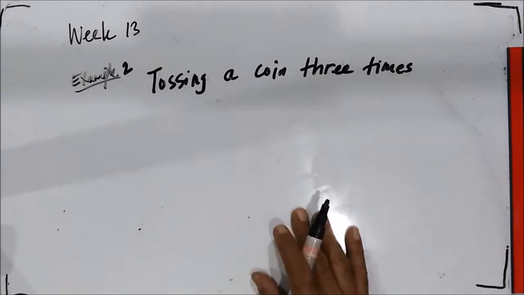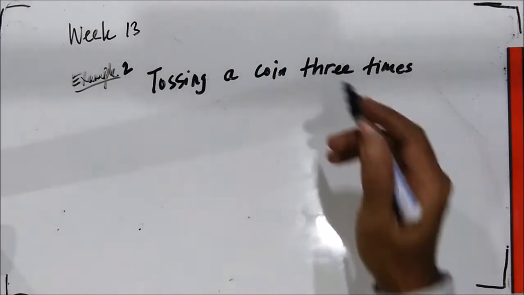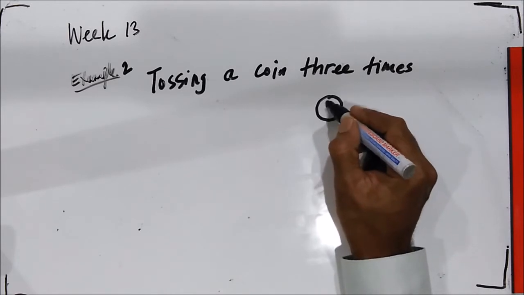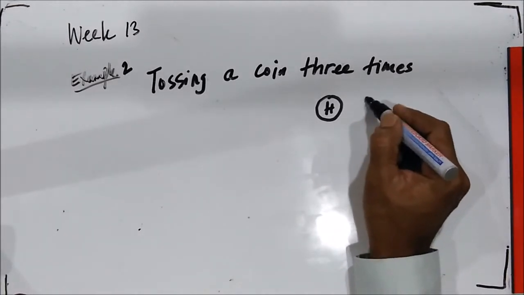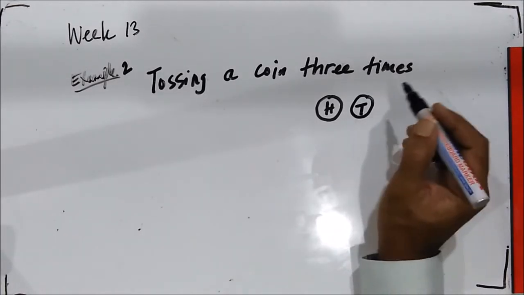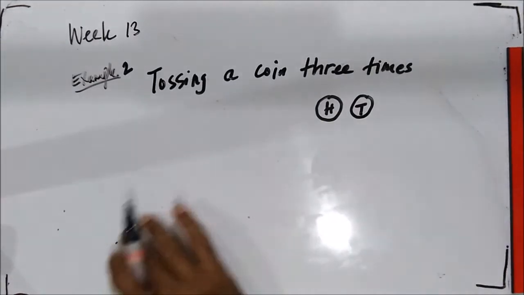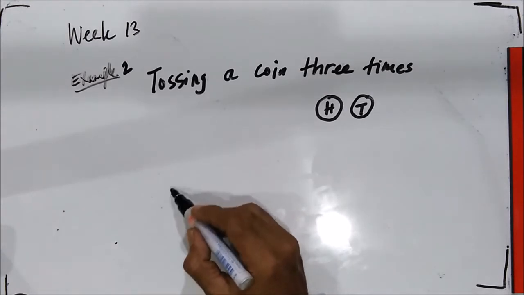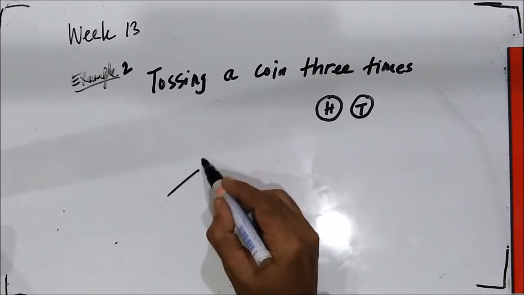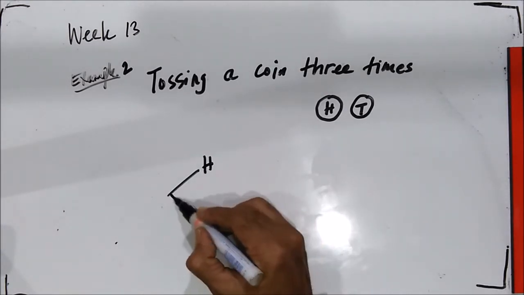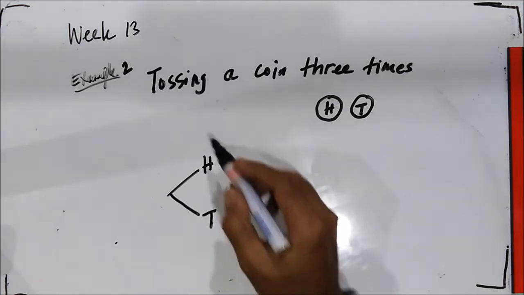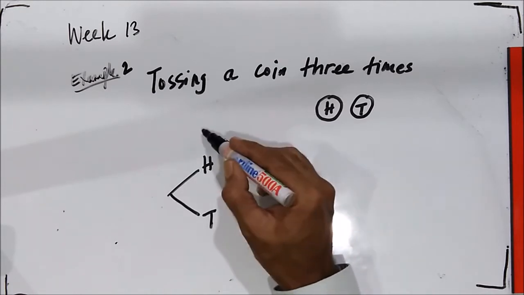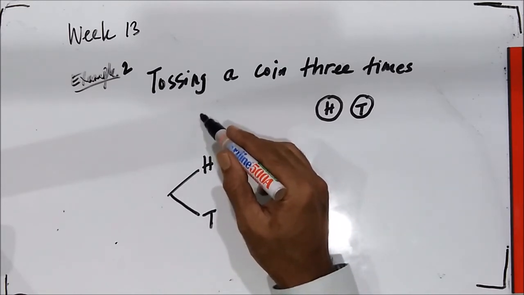Now the possible outcomes: if you refer to a coin, we have a head and the other side is a tail. If I do the first toss, I can get either head or tail. This is the first tossing.